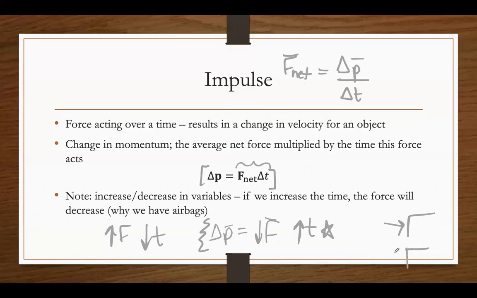But if you have some kind of cushioning and you hit that, and it's soft, this increases the amount of time to hit the steering wheel or dashboard, so it lowers the force. This stuff is important. I just want to remind you guys that it has real world application, and that's why there are people who study physics.